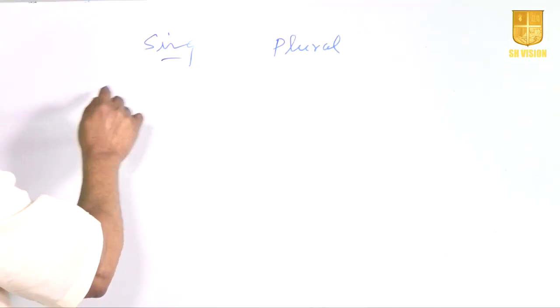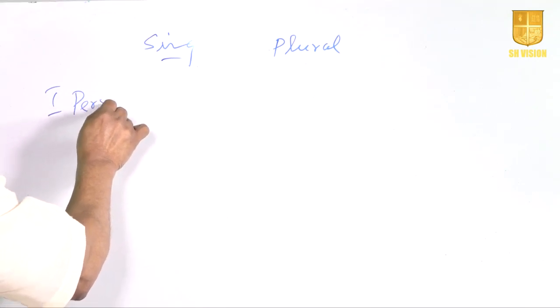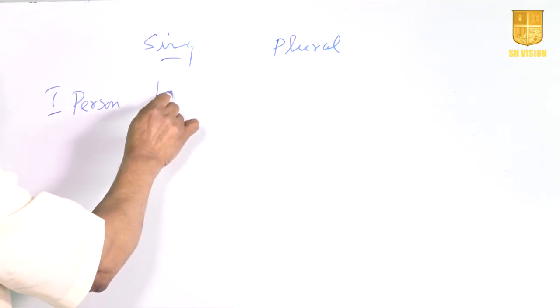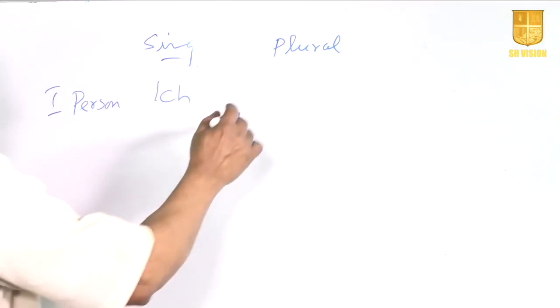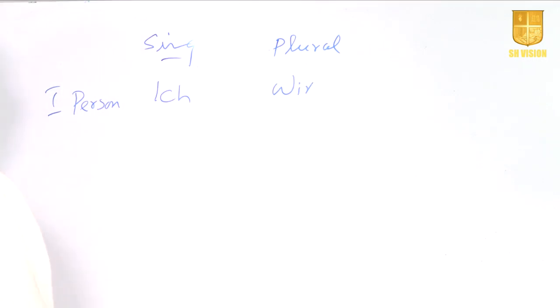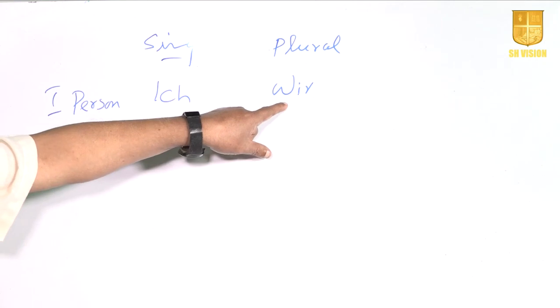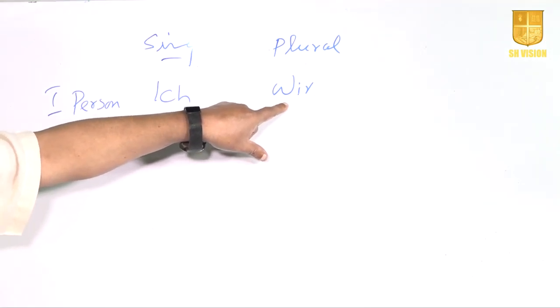So first person is ich, and its plural is wir. In fact, it is written as if it is wir, but for the sake of pronunciation, we say wir.